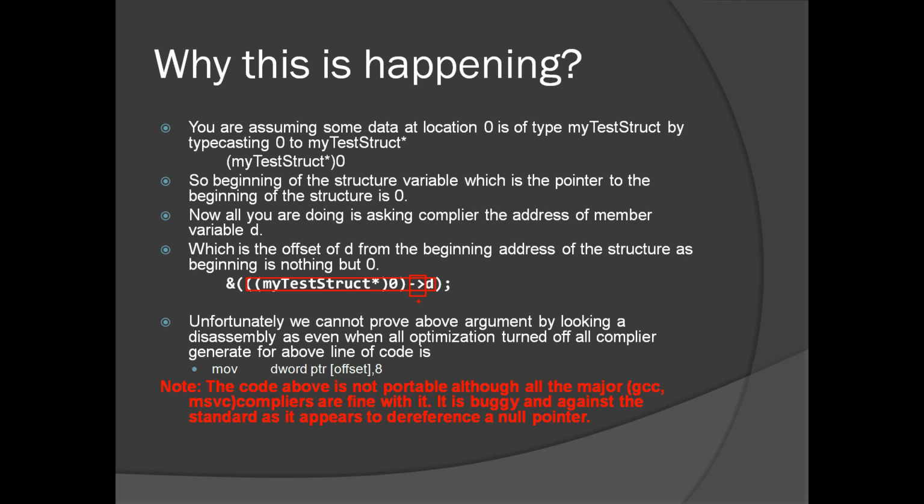We cannot even prove this by looking at the disassembly, as even with all optimization turned off, most of the compiler will generate this particular instruction. Well, this is more of a warning up here, but I believe this is portable as well because everywhere this particular syntax is being used.